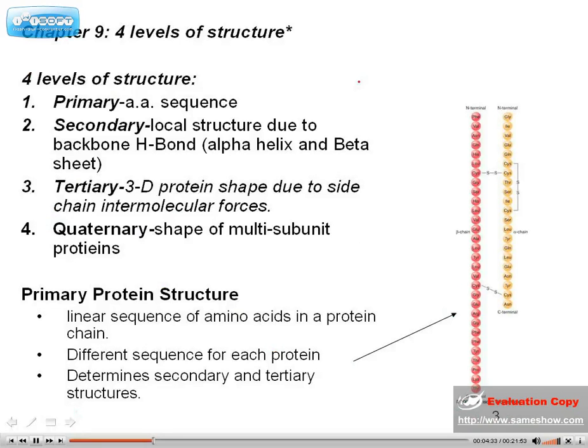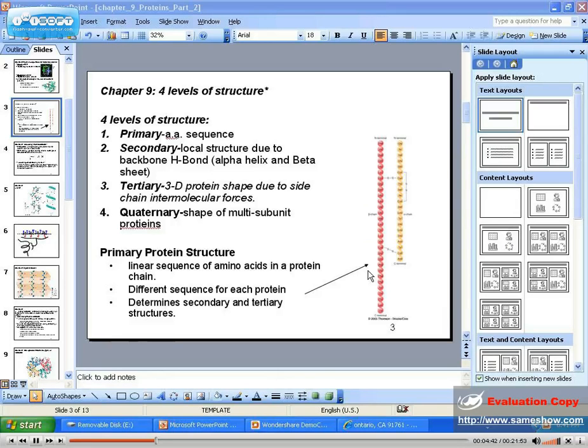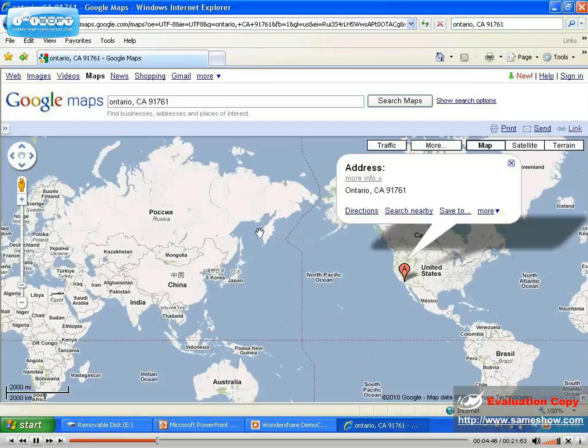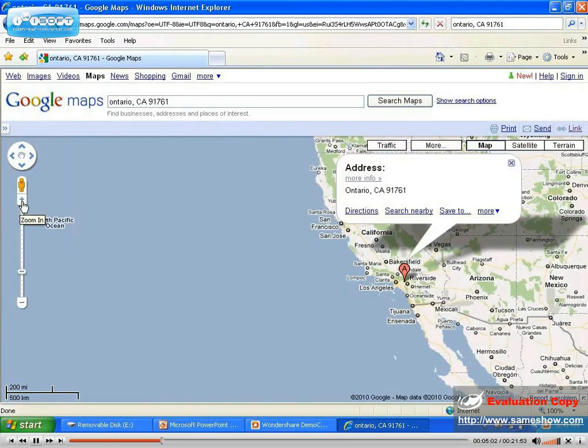Now, if I were to take you to Google, here we see, if we go to a map software, that at this level of zoom, we're seeing individual countries and continents. If we were to zoom in, we could start to see states and cities.